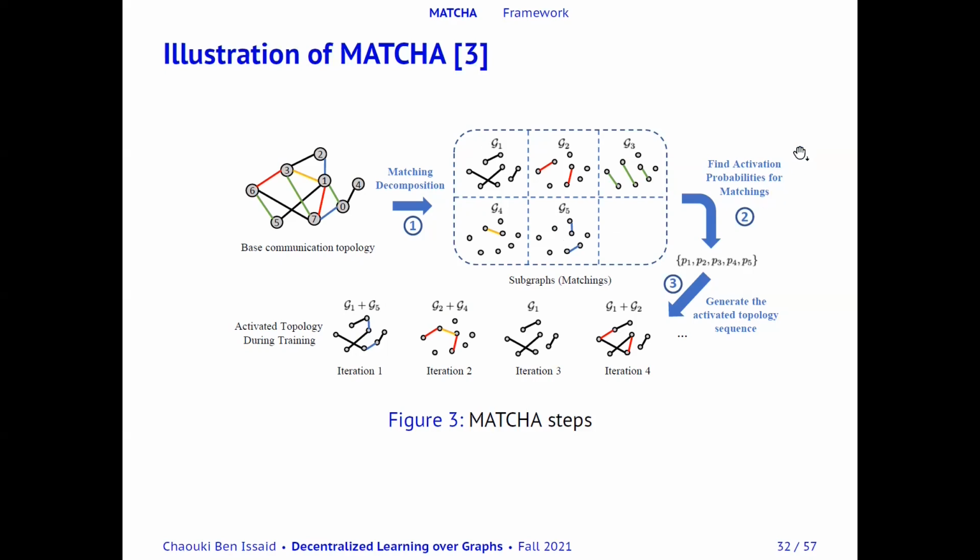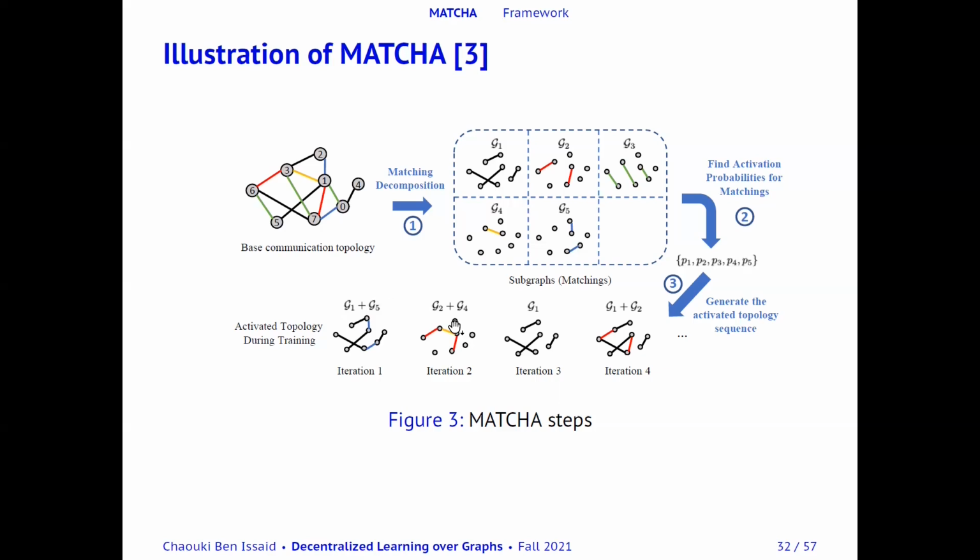The second step is to determine or find the activation probability for the matchings. At every iteration, one or more matchings are activated according to these probabilities P1 till P5. For instance, in this example, at iteration 1, G1 and G5 are activated.